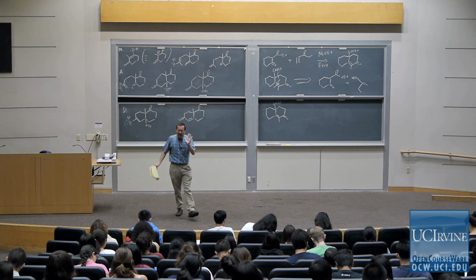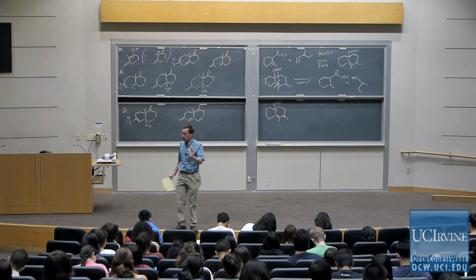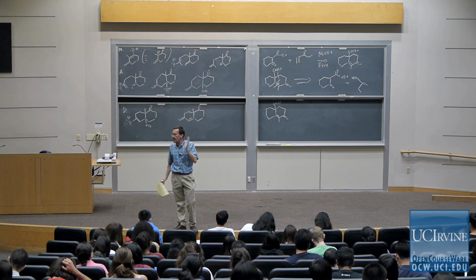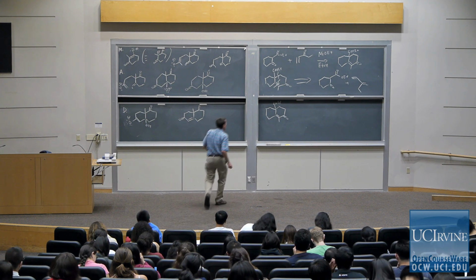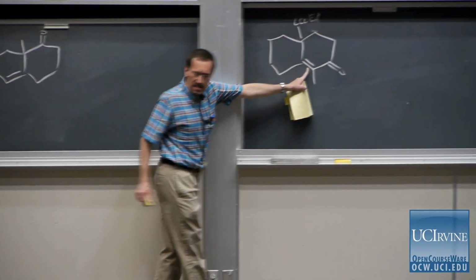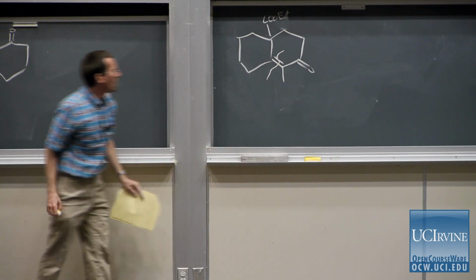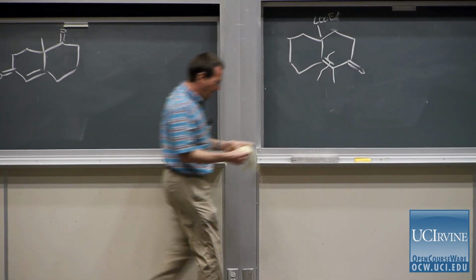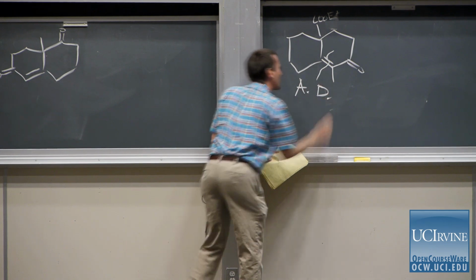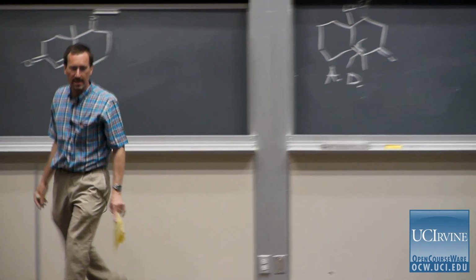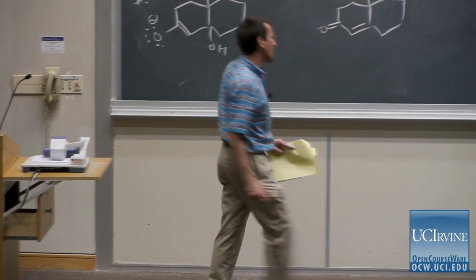We've seen that alpha-beta unsaturated carbonyl compounds can come from an aldol reaction and a dehydration. So I can look at this alpha-beta unsaturated ketone and say, this part of the chemistry has to come together. Remember, MAD reaction, right? So this part of the chemistry can come from an aldol and a dehydration.